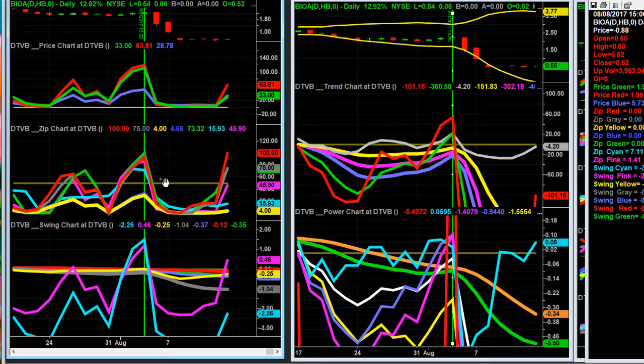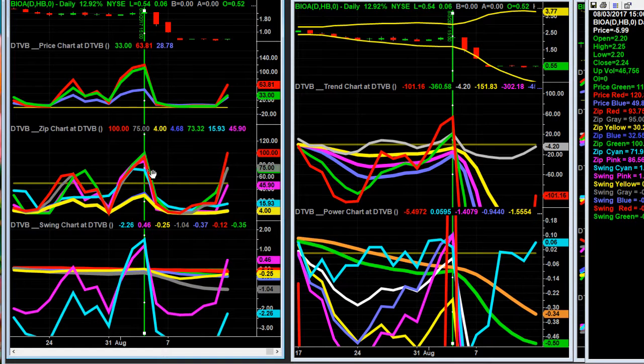We also see that swing Zion has done a low angle down when ZIP Zion has done a low angle down when ZIP green is at 100. And so in the short term it got pushed up, but in the long term it had no power to stay up there, even though we got a tiny green candle.